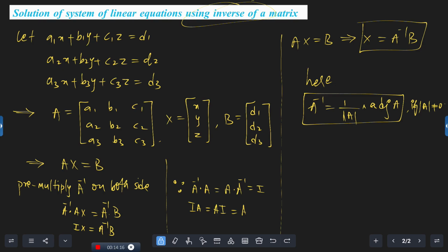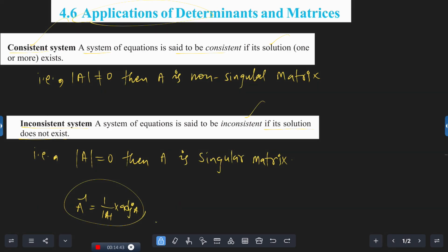Which side have you done? Previous page you want? Wait. Is anyone writing this page? Do it fast. Done? Previous page, how many of them need to copy? This one you don't need to write.